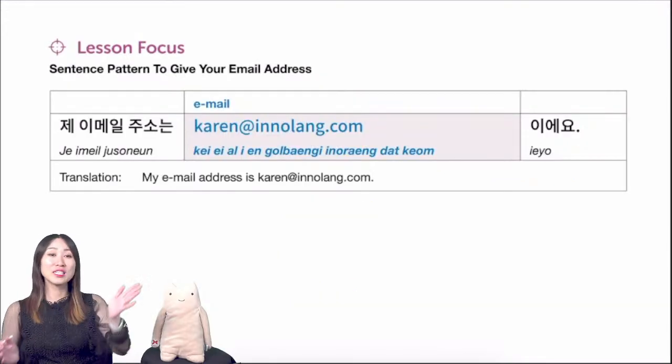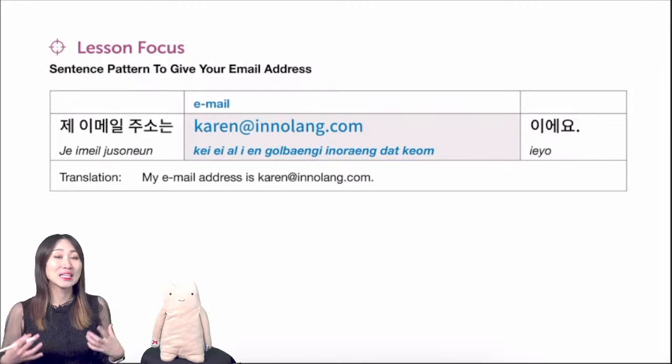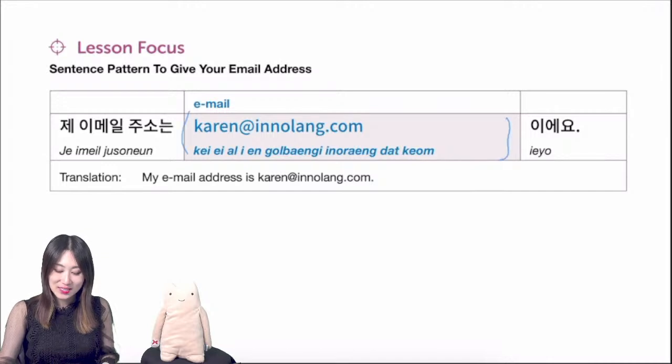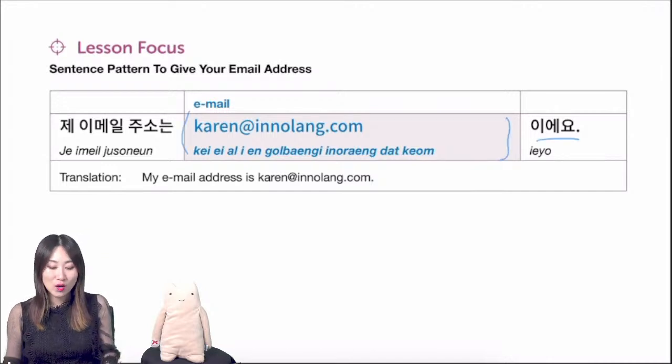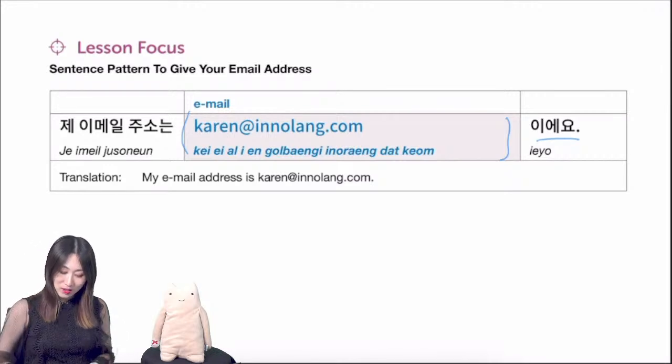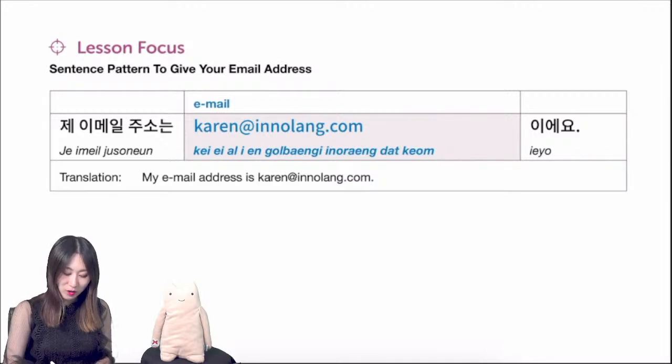Well, we already explained the structure of this. 제 이메일 주소는, as for my email address, and say your email address, and say 이에요 or 예요 or 입니다, 이야. But when you speak, you can actually omit this part too.